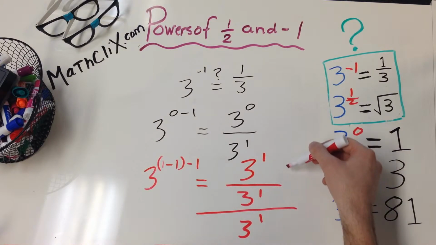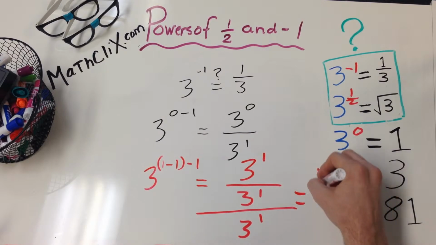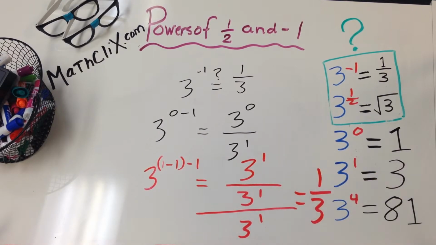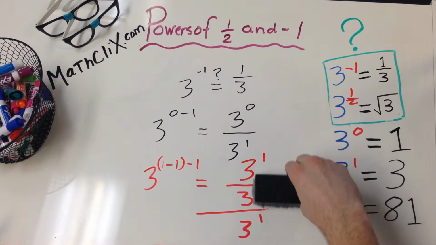This simplifies out to 1 and this simplifies out to 3, equaling 1/3. So that is why a negative exponent of 1 equals just a fraction of that.